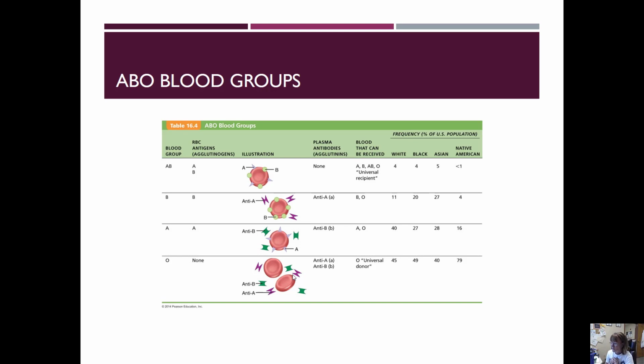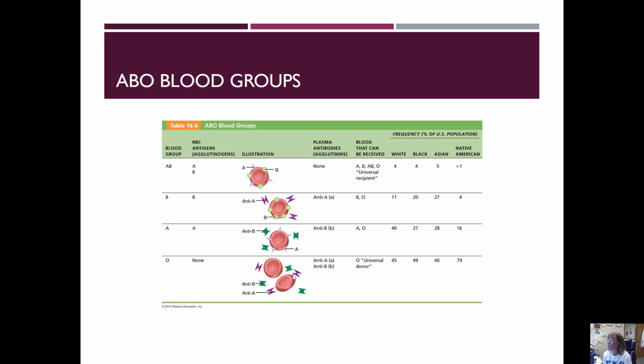Hemolytic disease of the newborn will only happen in infants who are born to an Rh negative mother. So you girls out there that are A negative or O negative or AB negative or B negative, you are going to have to be aware of this, and your pediatrician or your obstetrician will take care of this when you become pregnant.